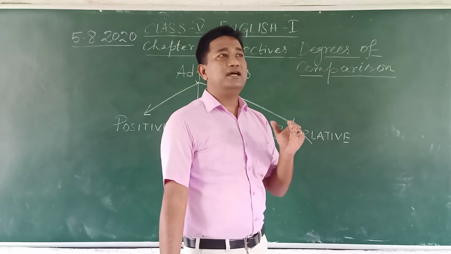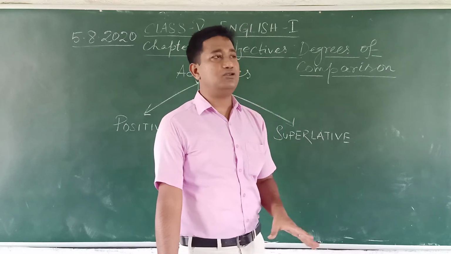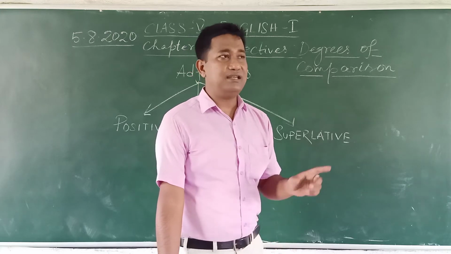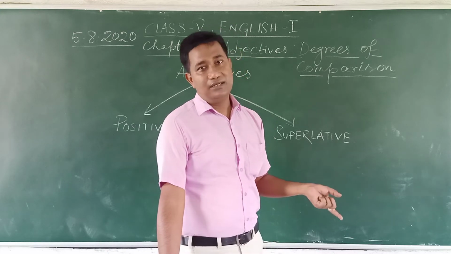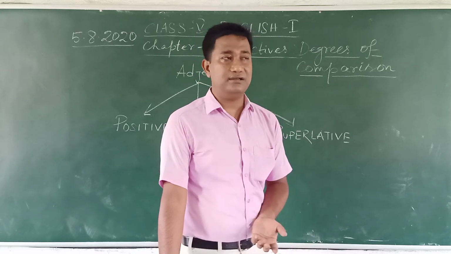Then we are going to learn first the 3 types of degrees that we have in our syllabus, and then we shall go towards their formation, how they form from one form to another.